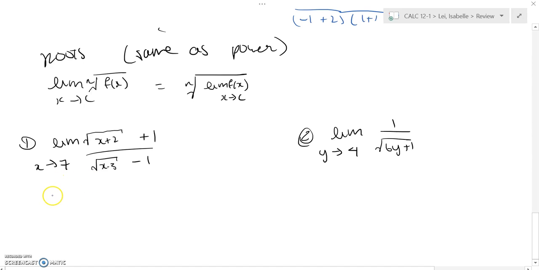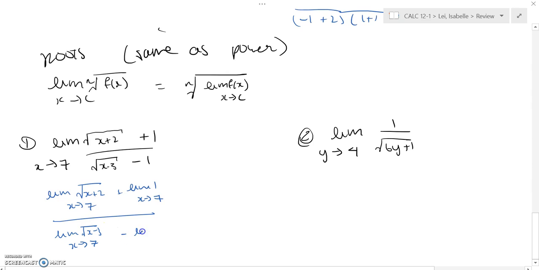So we can break that up into the limit of x plus 2 as x approaches 7 plus the limit of 1 as x approaches 7, all over the limit of x minus 3 as x approaches 7 minus the limit of 1 as x approaches 7.